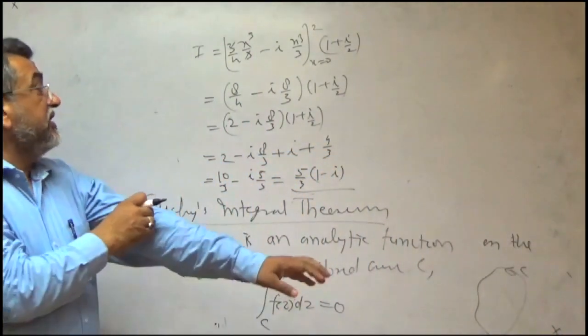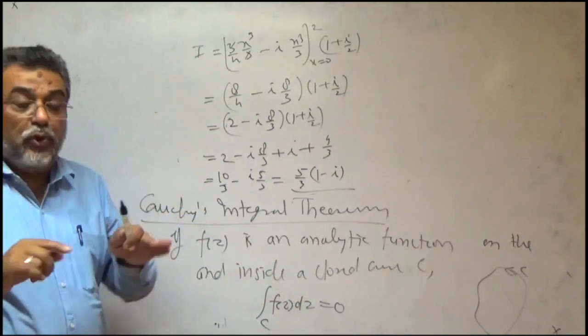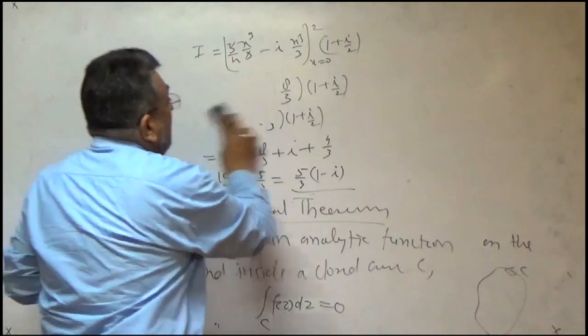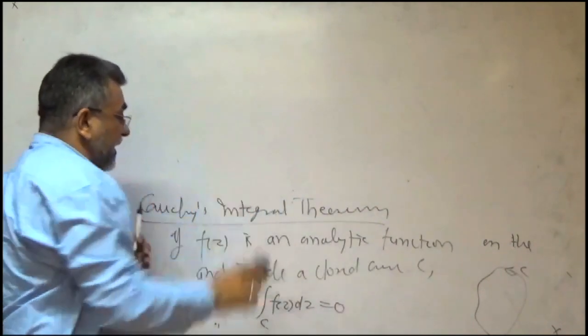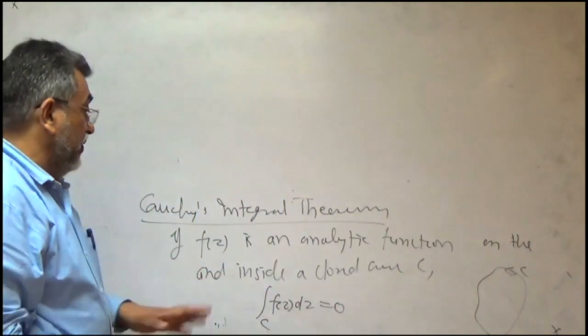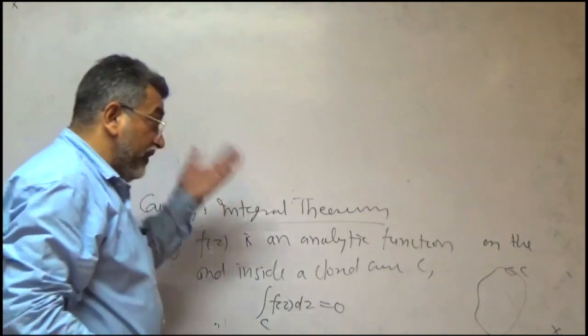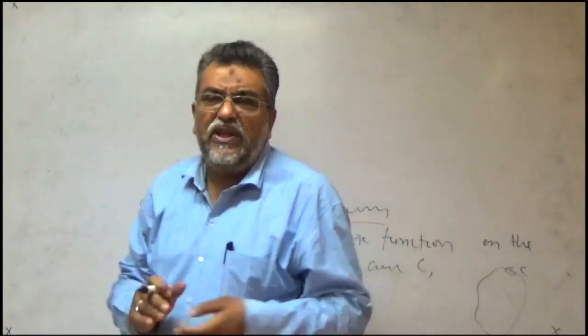If a function is analytic in a closed domain and also on the boundary of that domain, then if we take the integral of that function along C, it is equal to 0. This is the theorem, and the proof can be done but is not part of the syllabus, so we are leaving that proof.